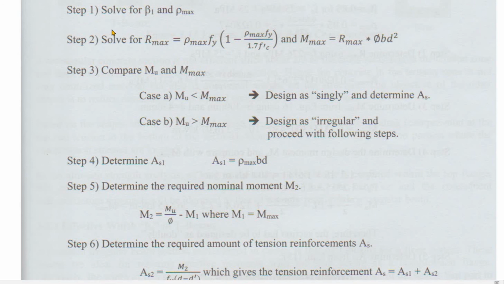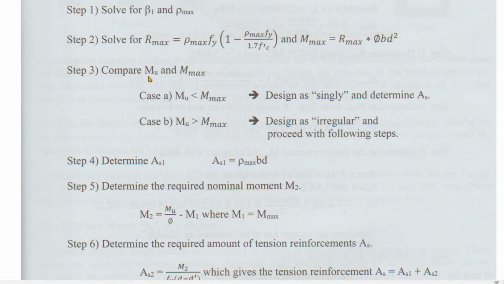Okay? So, solve for beta 1 and rho max. Then, step 2, solve for R max, which is equal to rho max Fy times this quantity, and Mmax is equal to R max times phi bd squared. Remember that these are the capacities due to the singly reinforced beam.